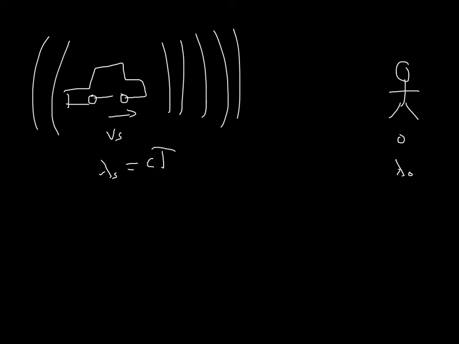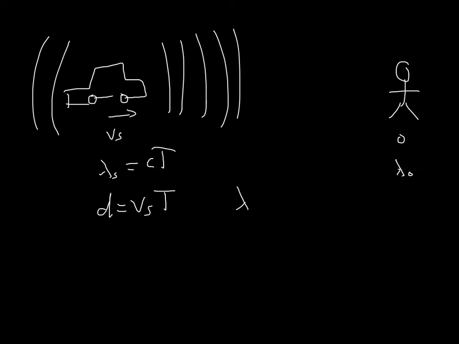After one period, though, the source has moved a distance d, and its distance will be equal to its speed times that same period. Therefore, the wavelength that the observer measures is just this minus this, because this wavefront has moved a distance cT, but by the time the next wavefront is emitted, the source has already moved a distance VsT. So the difference between these two will be the wavelength that the observer observes.